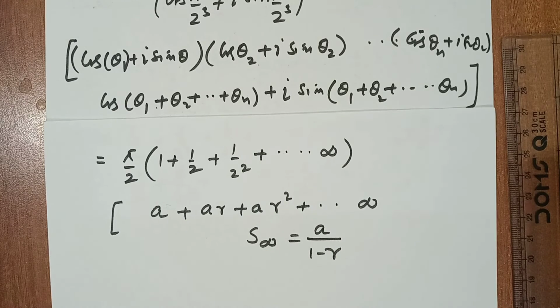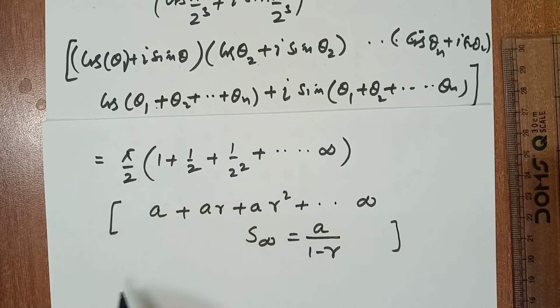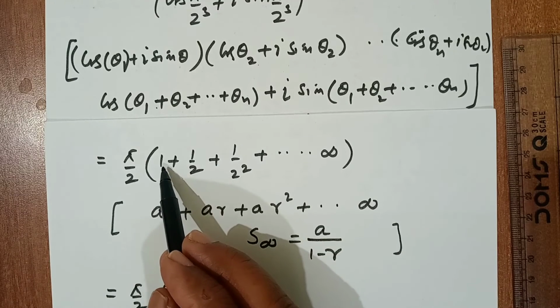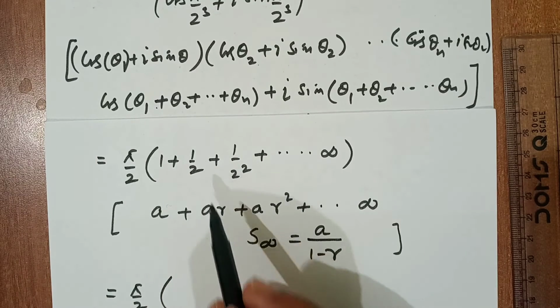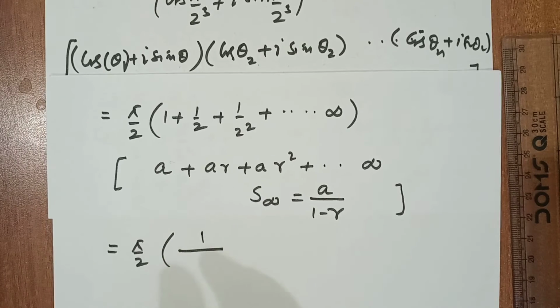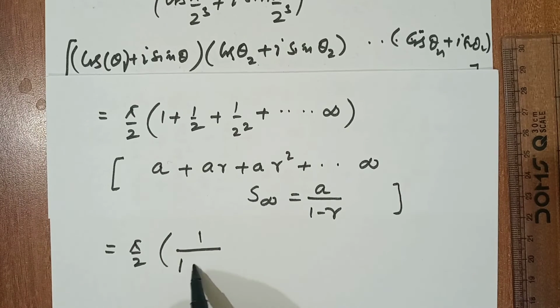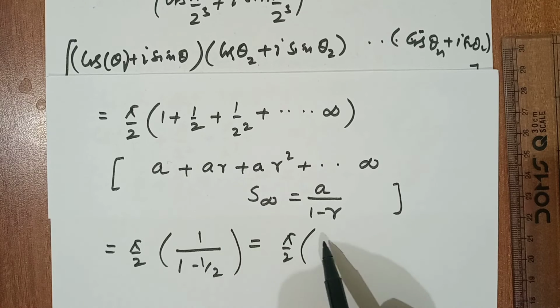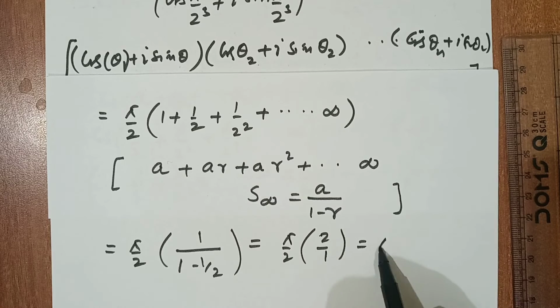So here, this is equal to pi by 2, first term is 1 and common ratio is 1 by 2. So 1 upon 1 minus 1 by 2. So this is equal to pi by 2 times 1 upon 1 by 2, so the 2 cancels, so this is pi.